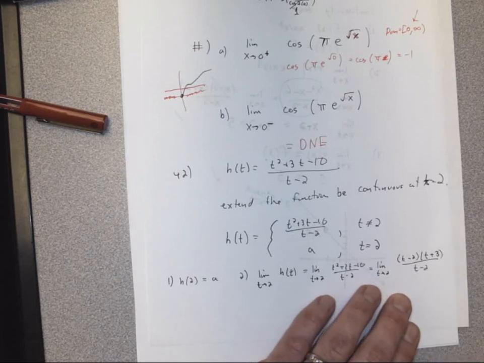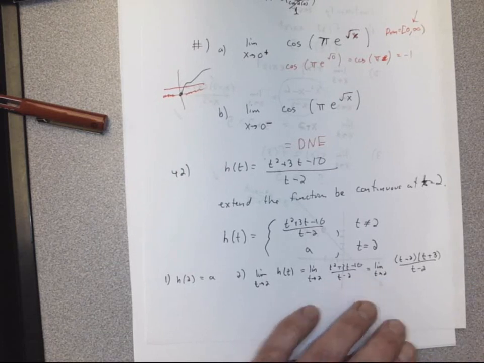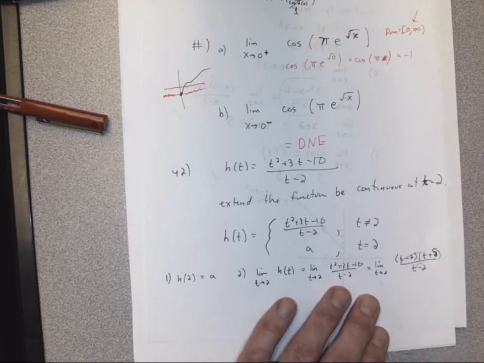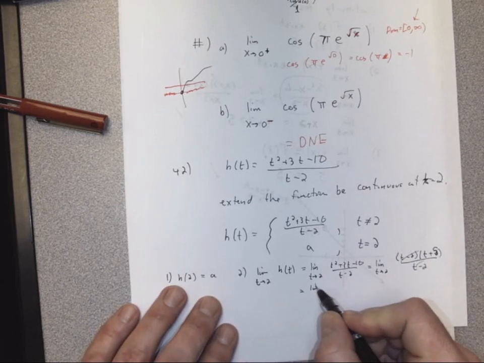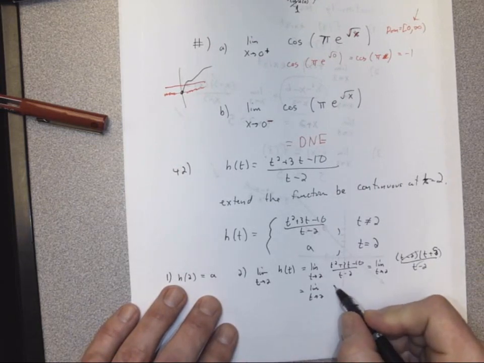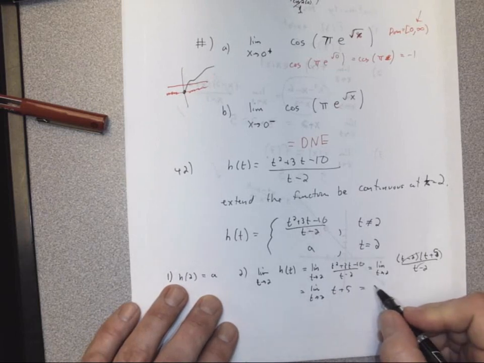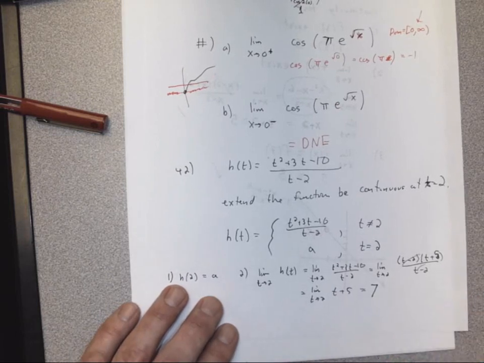Is it the same number? It's not 3. Oh, it's 5, isn't it? Yeah. It's 5 and 2. Thank you, that's better. t plus 5, t minus 2. Love it. So this is going to be equal to the limit as t approaches 2 of t plus 5. When you plug in 2, what do you get? 7. Okay.